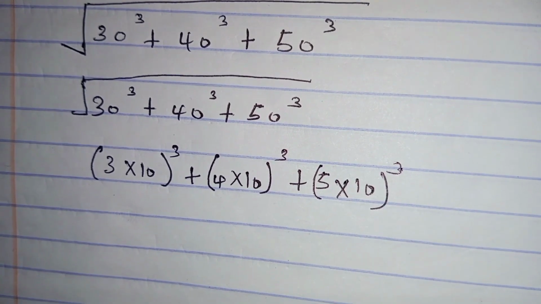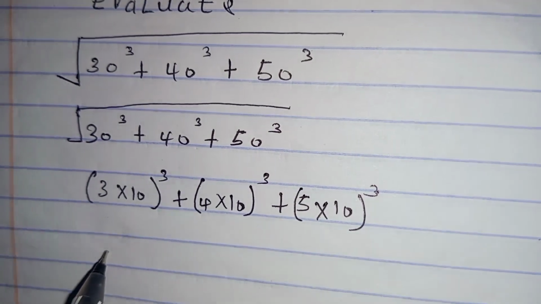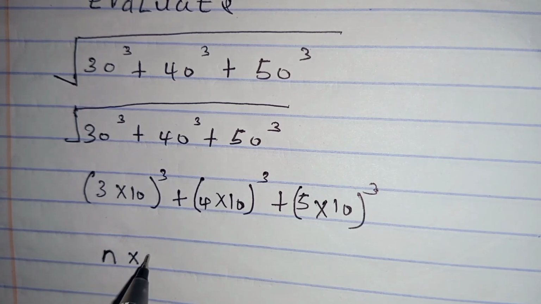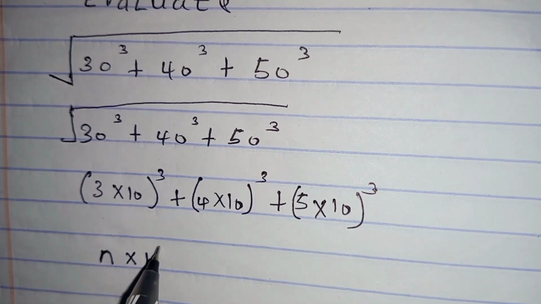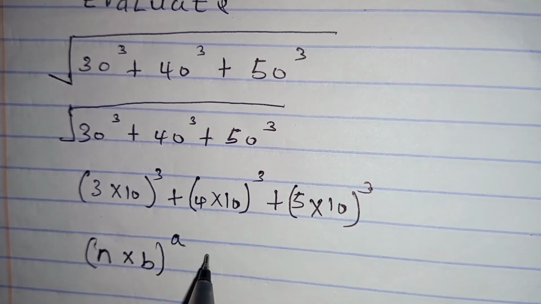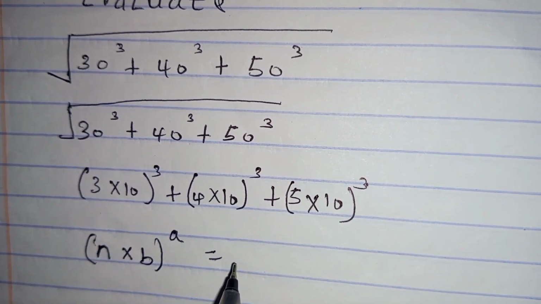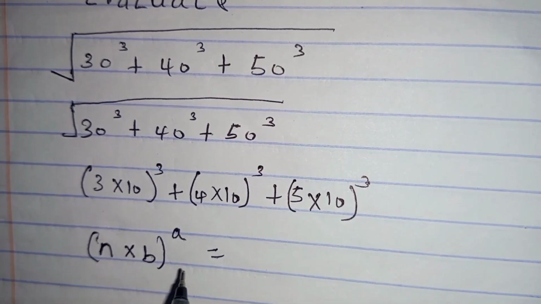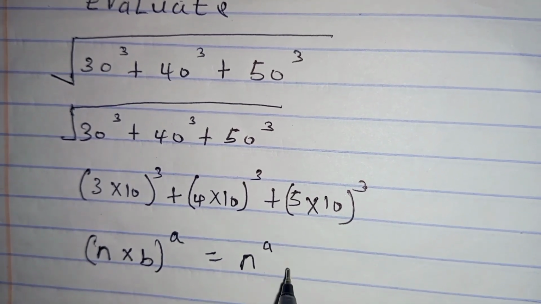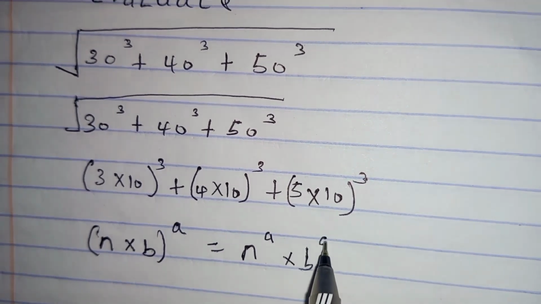From here, we see that using this law of indices, which tells us that if you have n times b, all to the power a, you can take the index inside and raise each of the items inside the bracket. So this will be n to the power a multiplied by b to the power a.